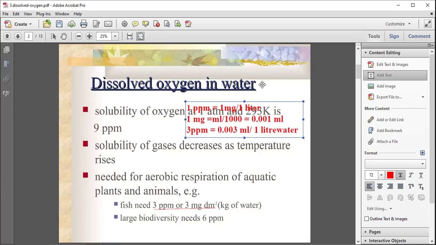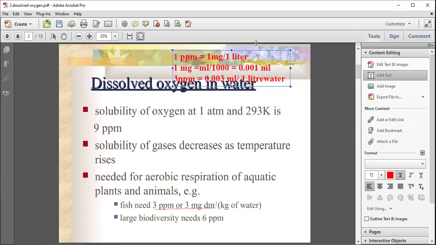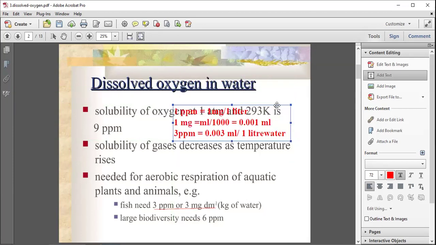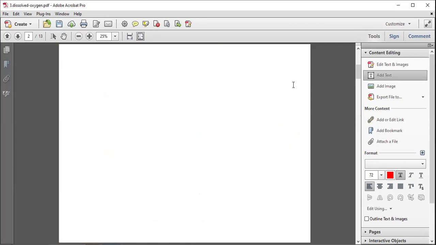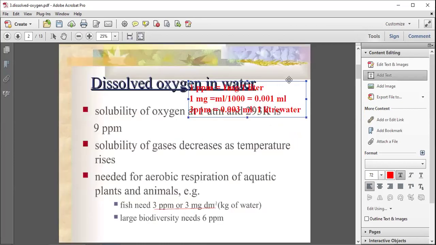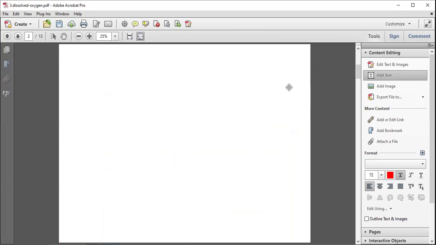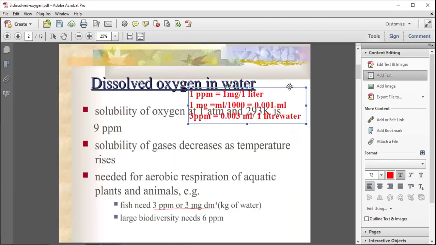Do you understand what I am writing? Did you see that 1 ppm is equal to 1 milligram per 1 liter? Could you see this unit conversion?